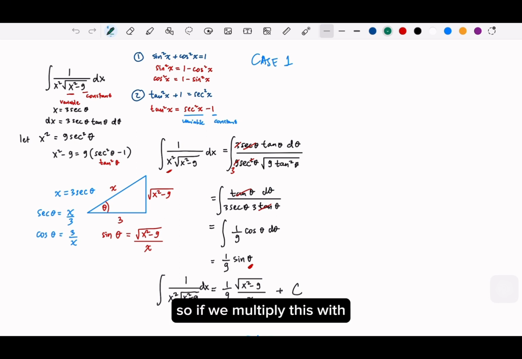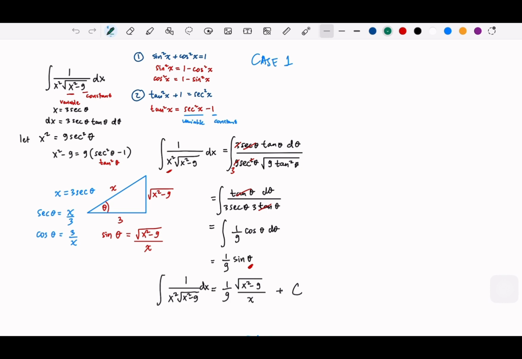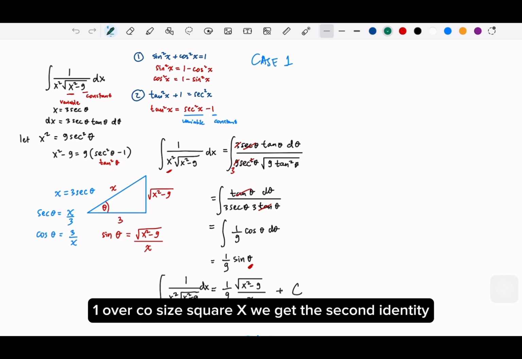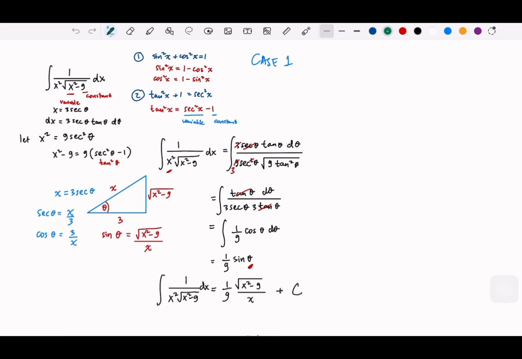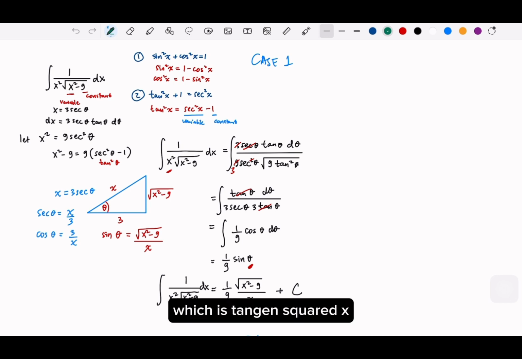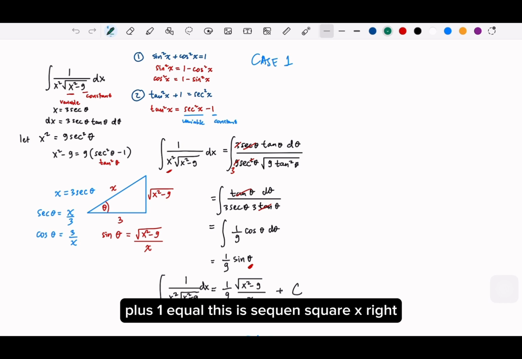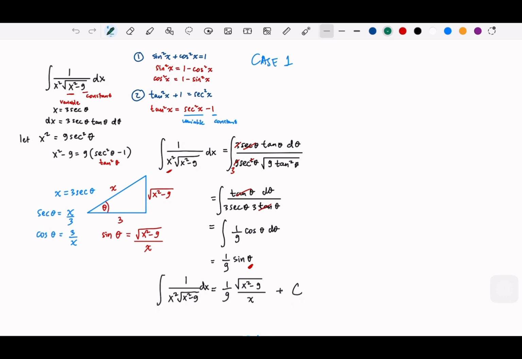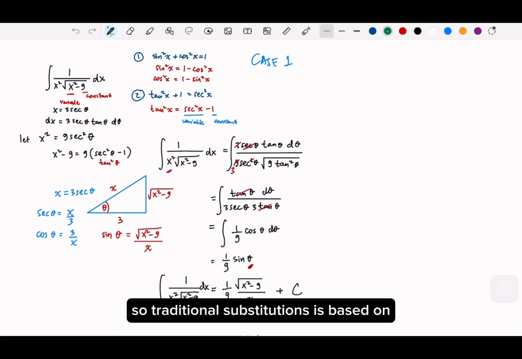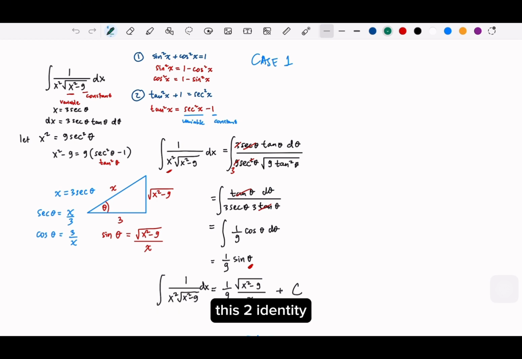If we multiply this with 1 over cosine squared x, we get the second identity, which is tangent squared x plus 1 equals secant squared x. So trigonometric substitution is based on these 2 identities.